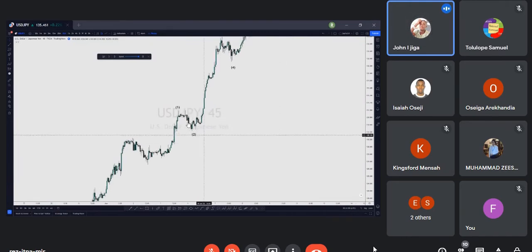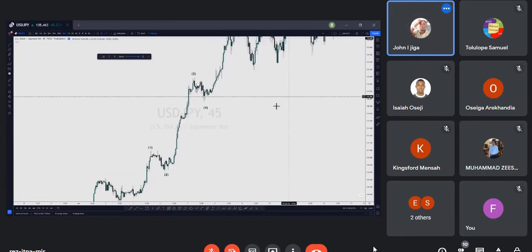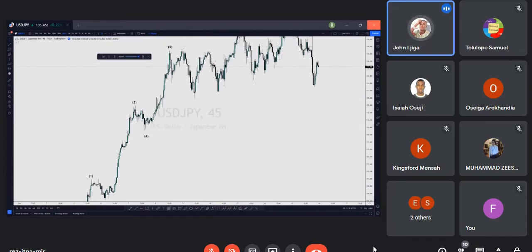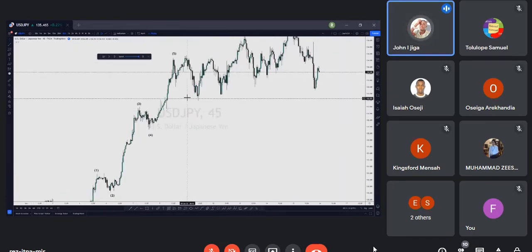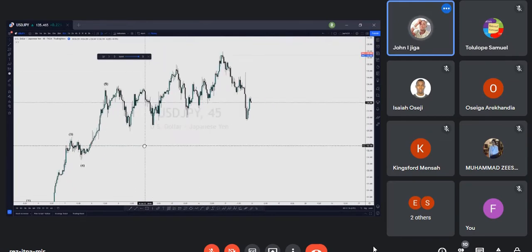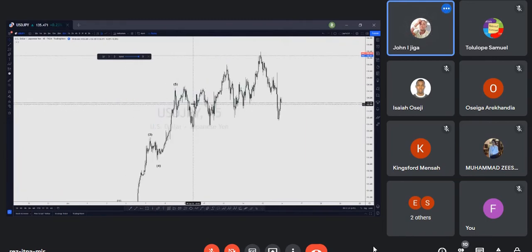And you could say this was correcting. Sorry, my mouse is seriously having issues right now. And then, what do we have? This is presented as an irregular pattern on Elliott wave.